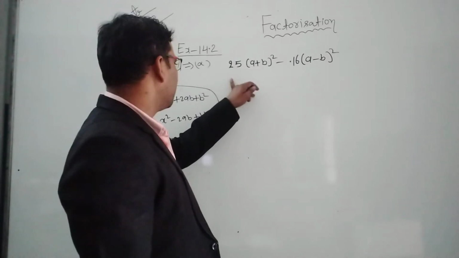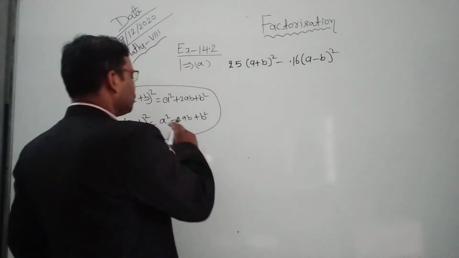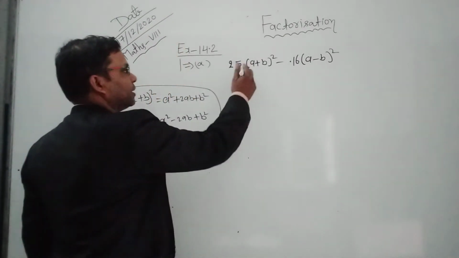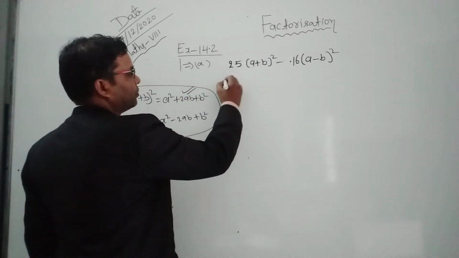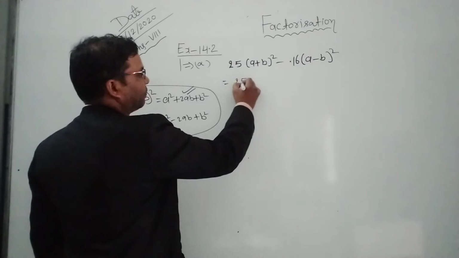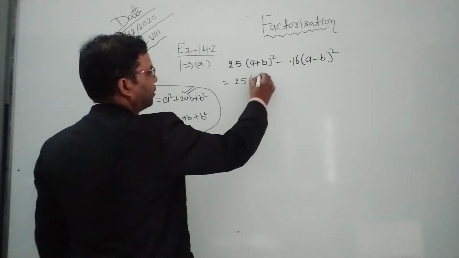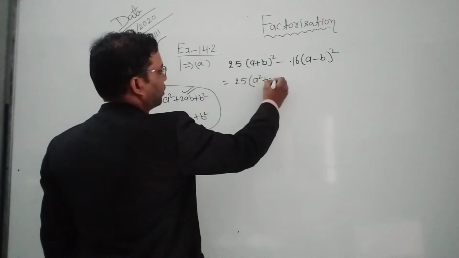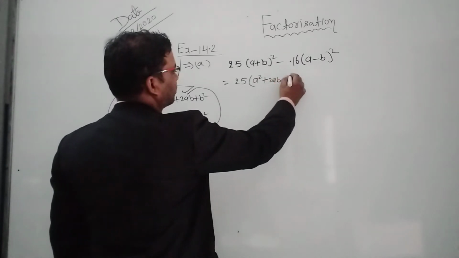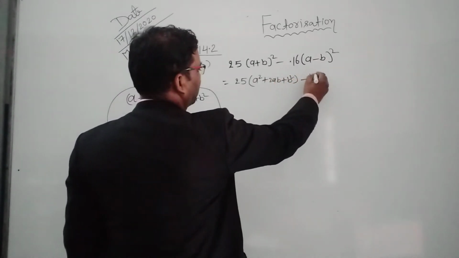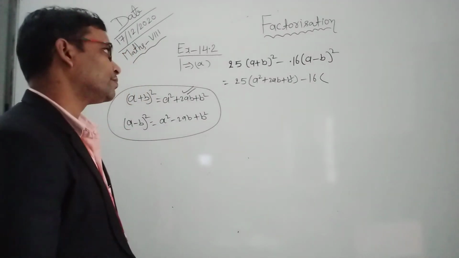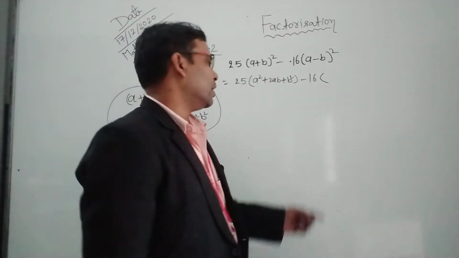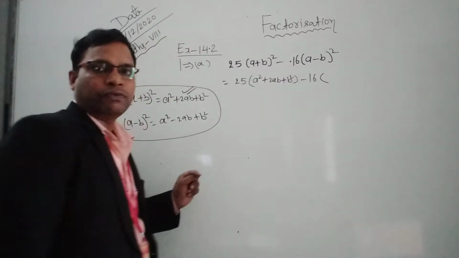So here, first we have to open this bracket according to the first identity. Okay, so you can write here 25 into a square plus 2ab plus b square minus 16 into, also you can open here according to the second identity. What is the second identity?